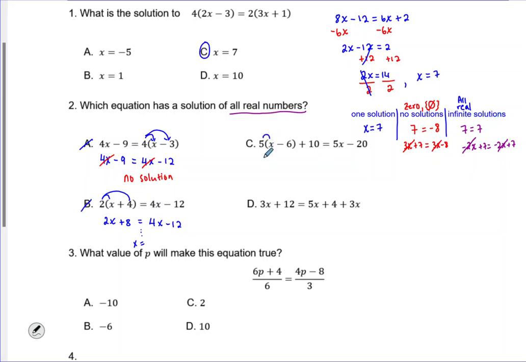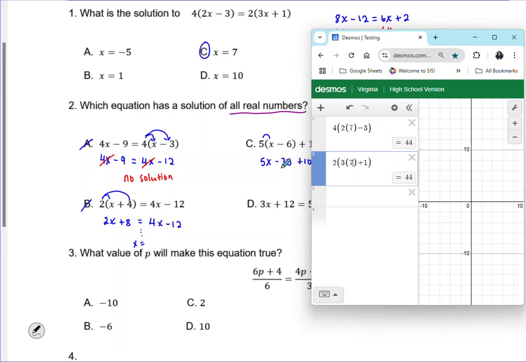So you would do 5x minus 30, bring down the 10, and then you have 5x minus 20. So negative 30 plus 10 is negative 20.